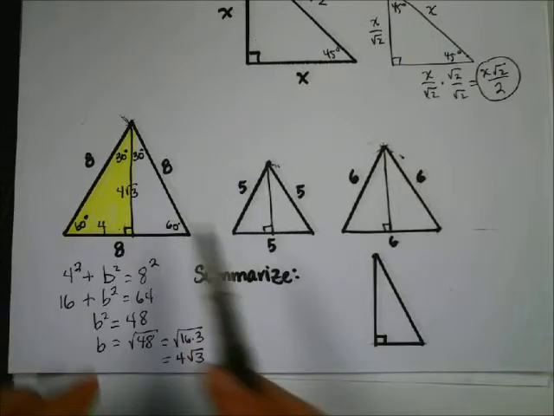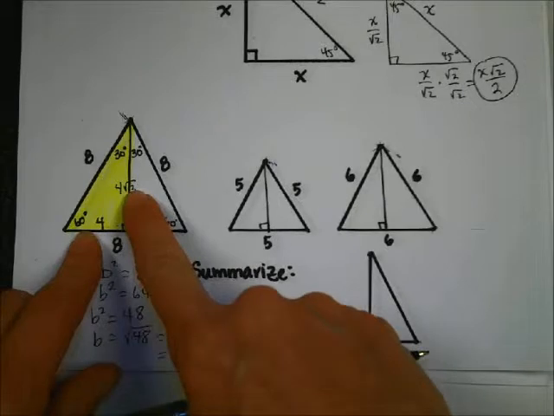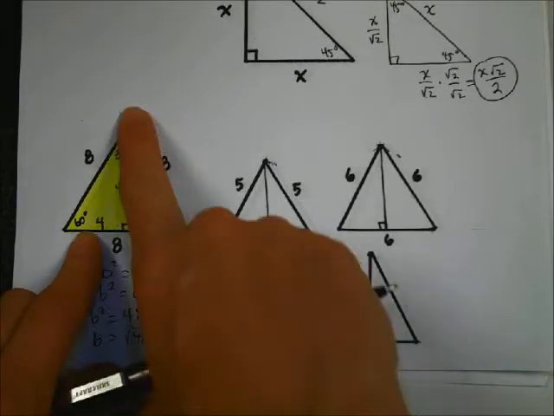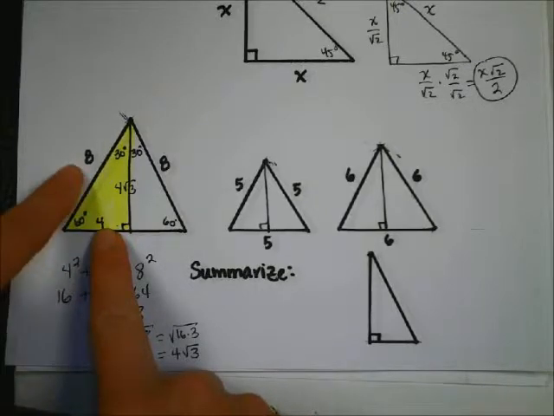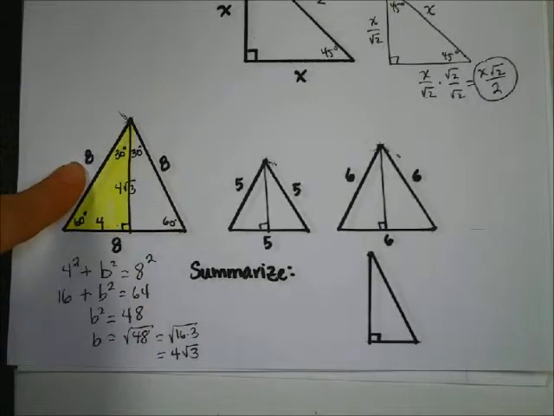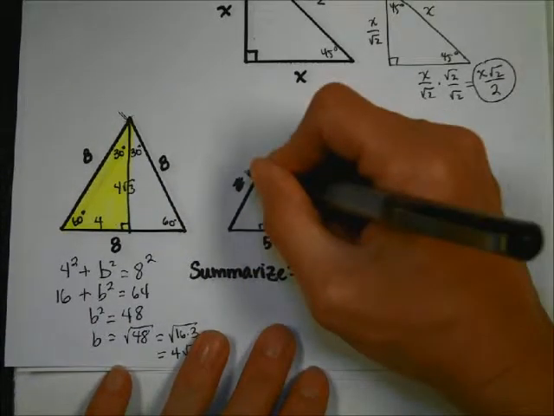If I know the short leg, I just have to multiply by the square root of 3 to find the long leg. And if I know the short leg, all I have to do is double it to find the hypotenuse.